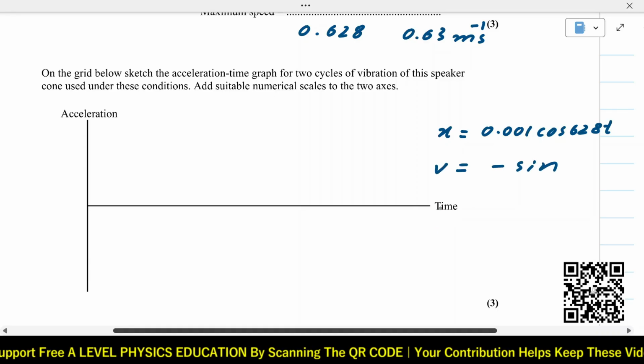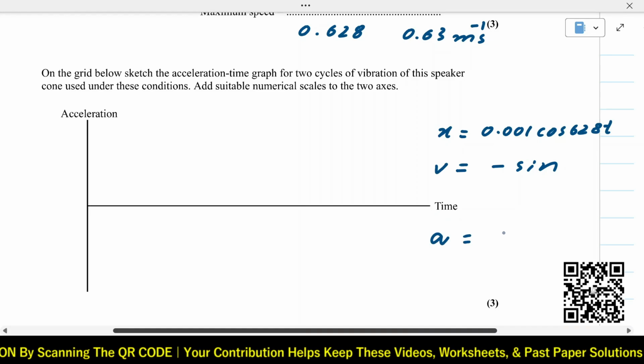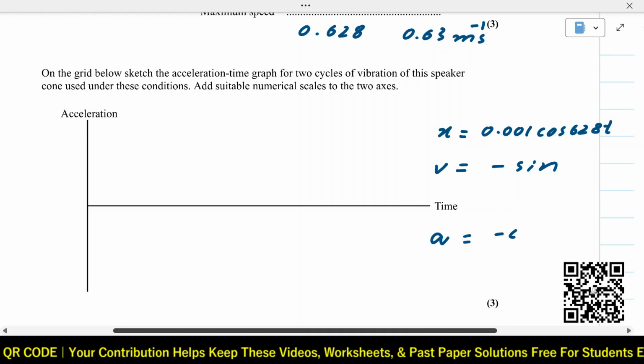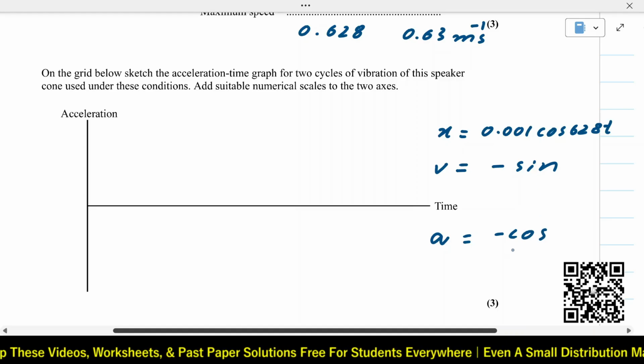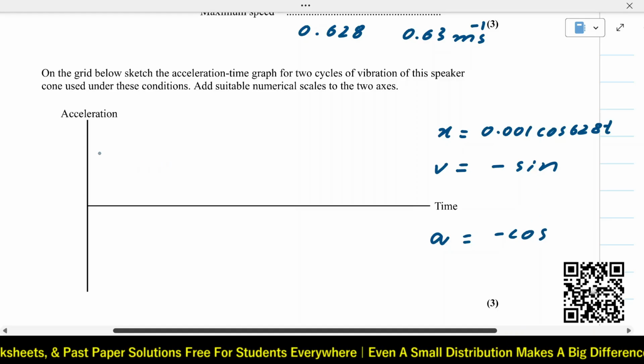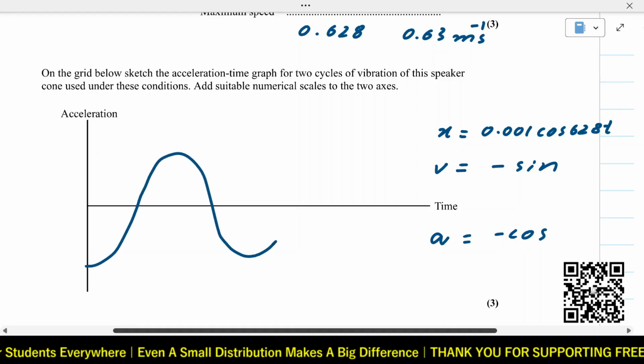Once we take a further derivative, it becomes acceleration. So acceleration would be minus cos. The derivative of minus sin is minus cos. So the graph has to be minus cos, something like this.